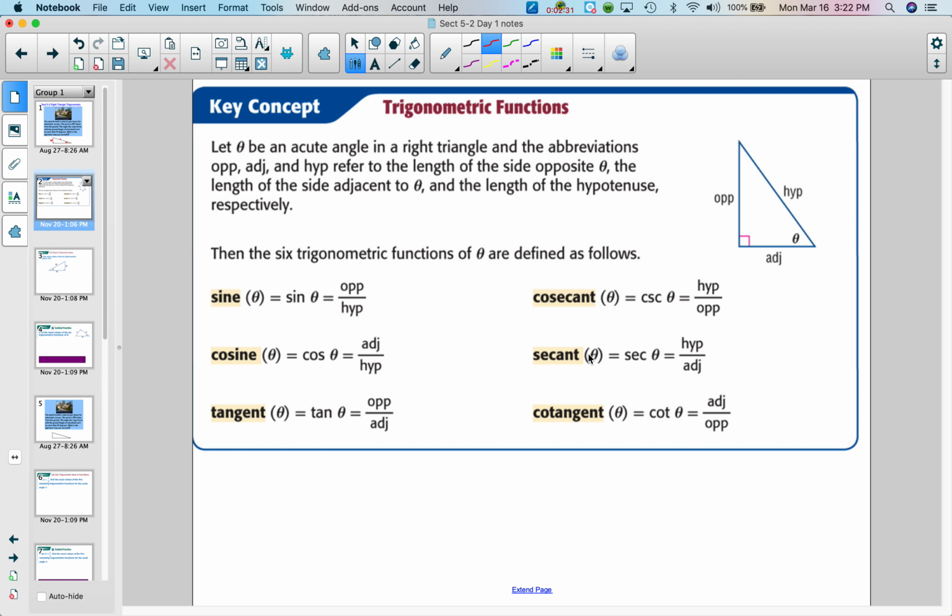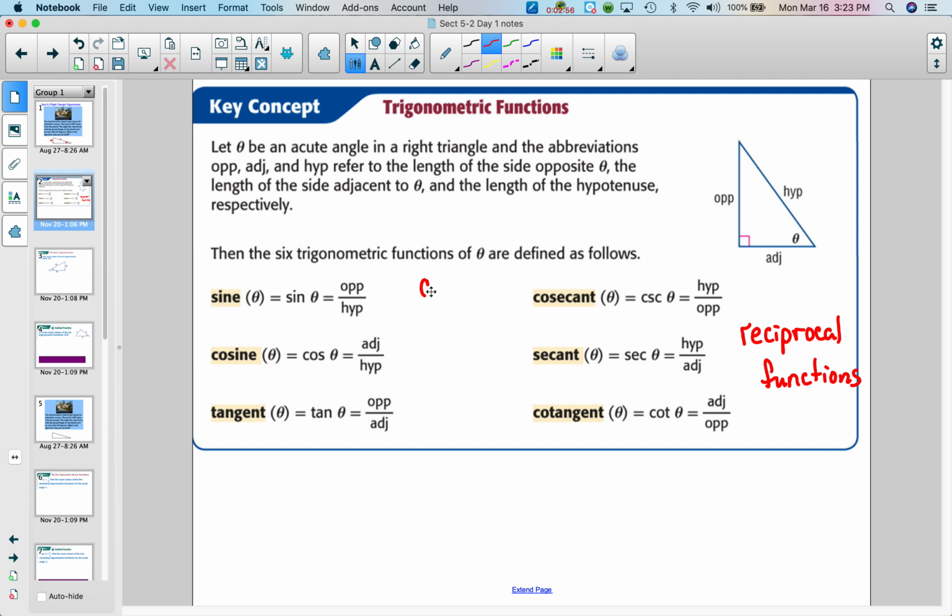The cosecant, secant, and cotangent are actually called reciprocal functions. So these are the reciprocal functions, and notice how sine is opposite over hypotenuse, so cosecant is hypotenuse over opposite. Now, we could write it this way.